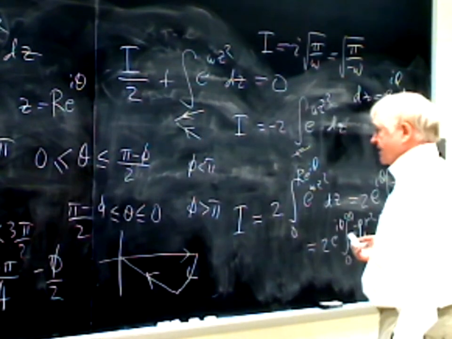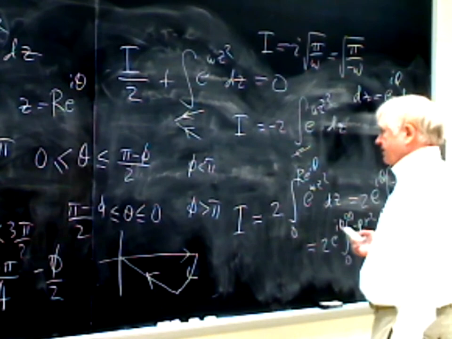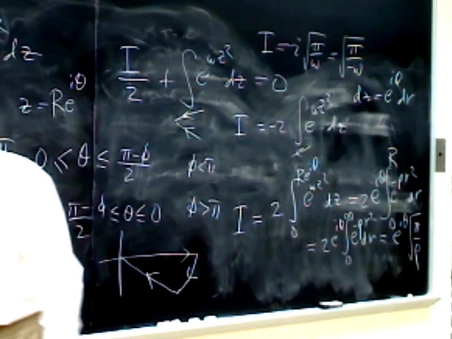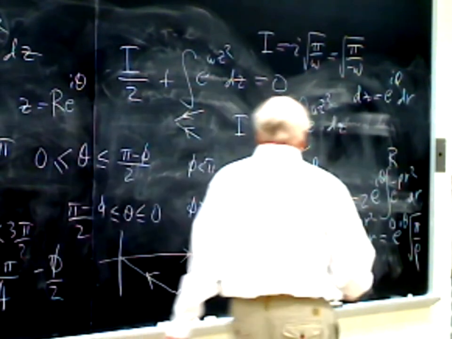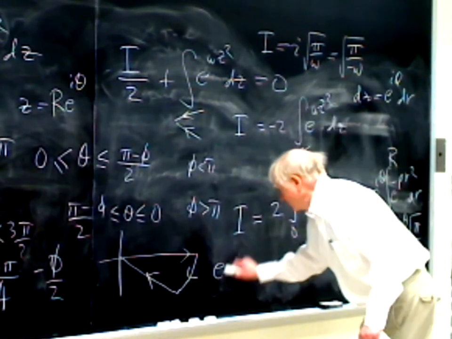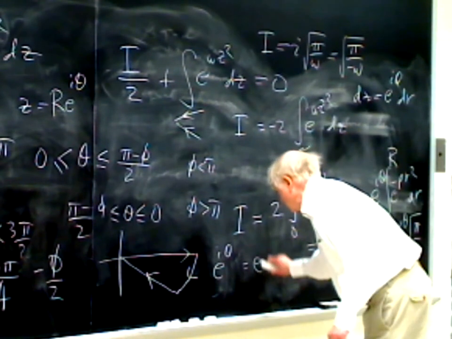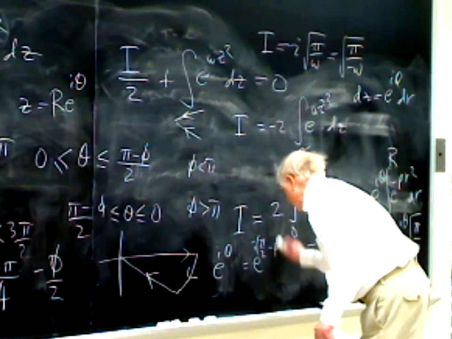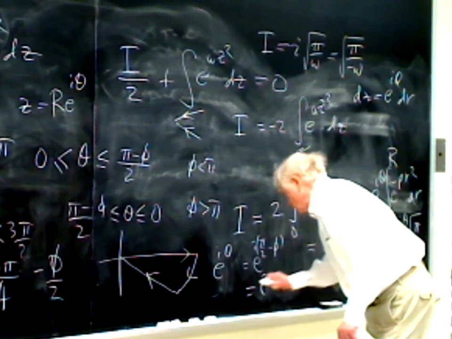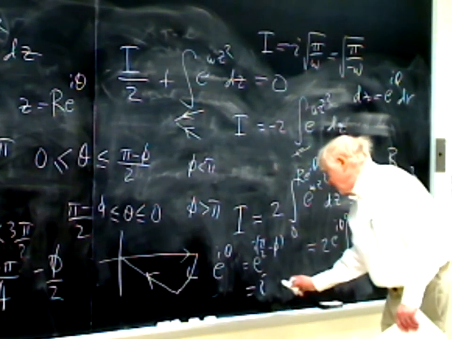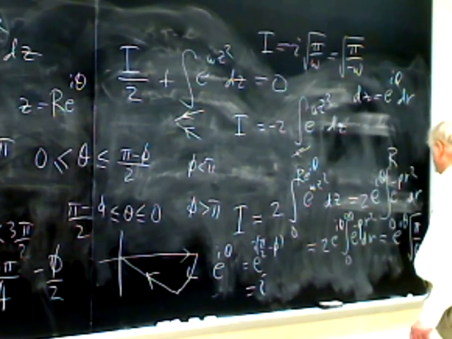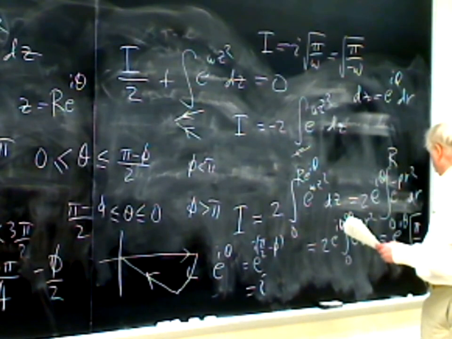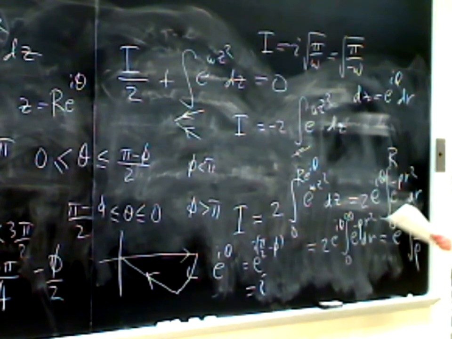And so that means theta is equal to pi over 2 minus phi. So e to the I theta is e to the I pi over 2 minus phi. E to the I pi over 2 is I, and then e to the minus I phi.